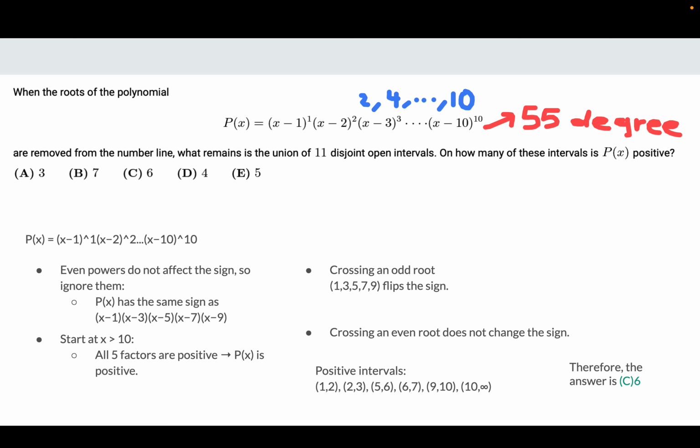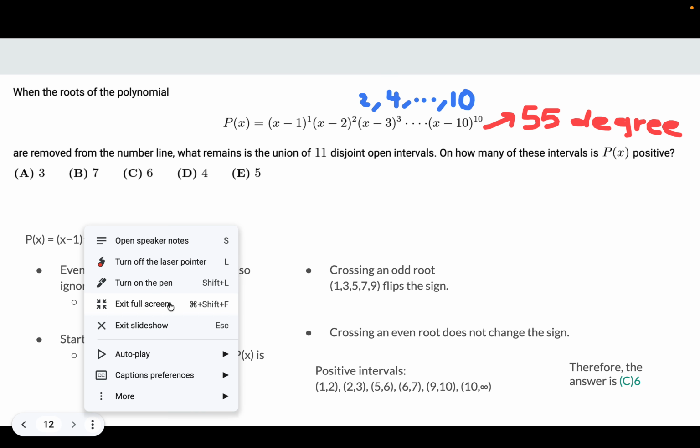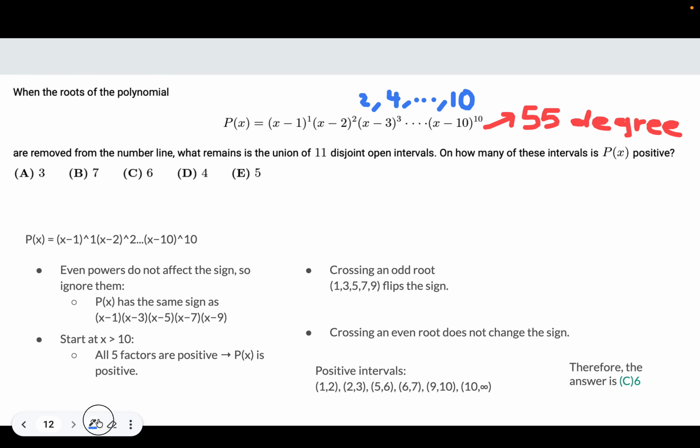So the takeaway is: don't let these big exponents scare you. Look at parity. Obviously, the parity trap is one big thing, so I'm going to write that in big capital letters so you must remember it: parity trap.